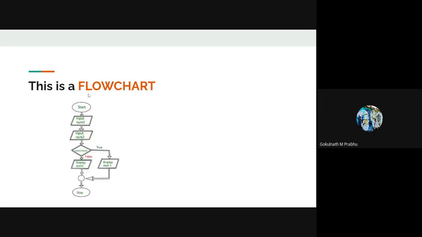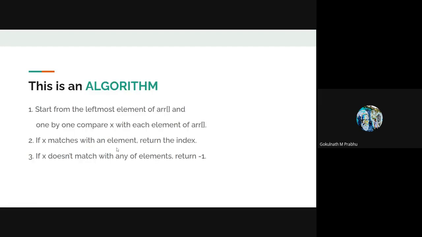Next, this is how a flowchart is drawn. In a flowchart, like I already told you, we use a set of symbols and some text inside those symbols. This looks much easier to understand than the algorithm, right? In the algorithm, we don't understand what an ARR is, or what is meant by compare one by one.